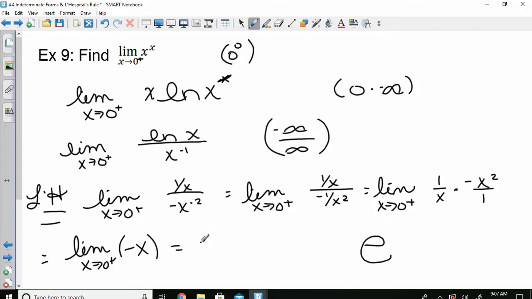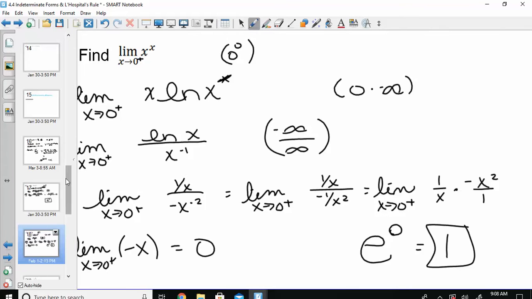So we can certainly plug in and you get 0. So our answer is e to the 0 power, which is 1. Anything to the 0 power is 1. Are we okay with that one?